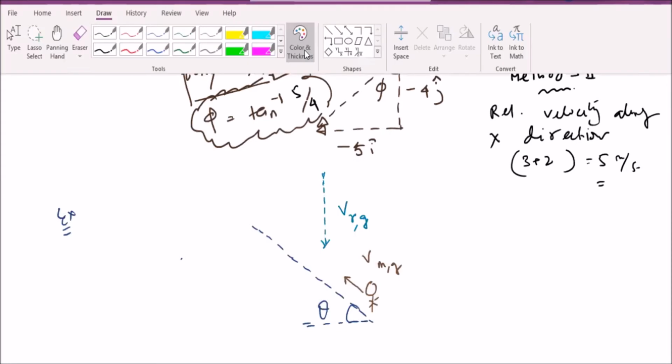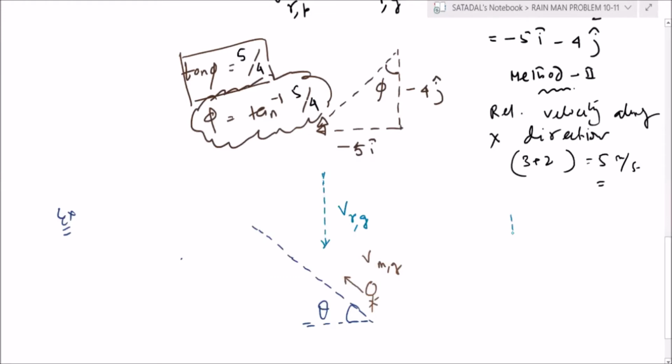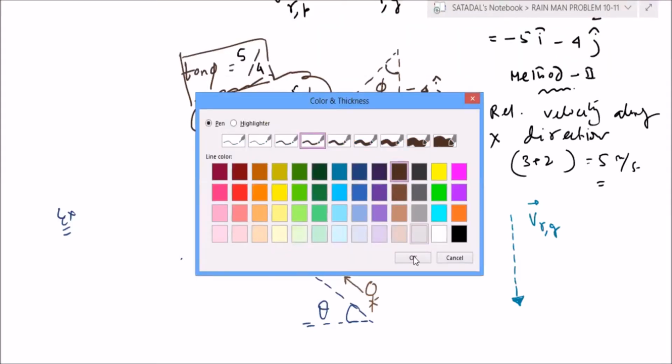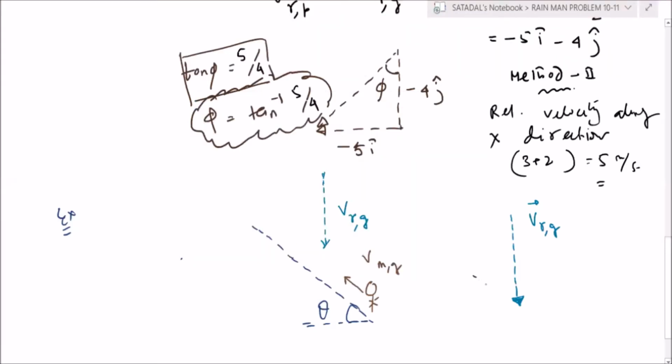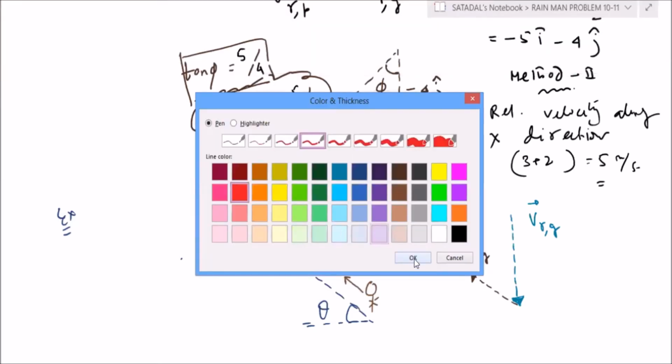You see here that this is the direction in which rain is falling with respect to ground. This is V rain with respect to ground, and this is the direction in which the person is moving actually. This is V man with respect to ground. Okay. So I have to take the opposite vector.